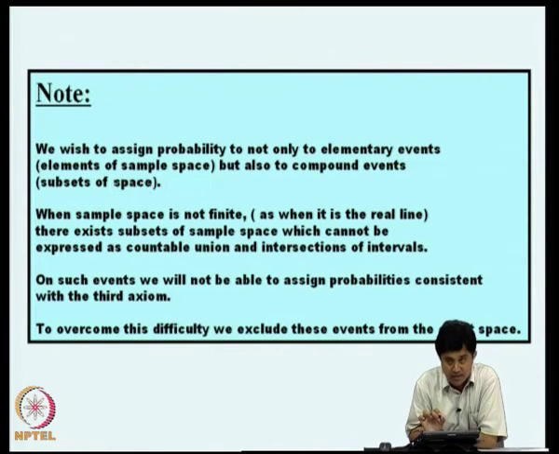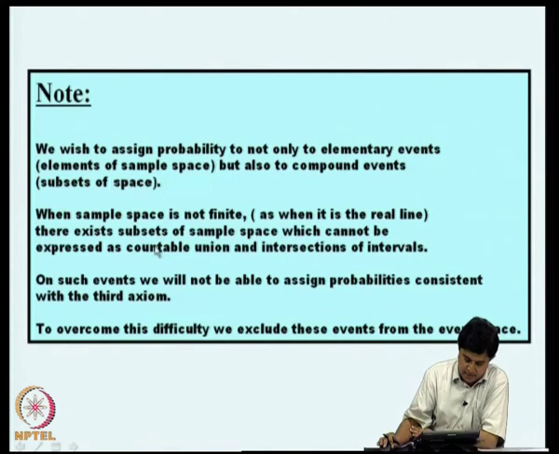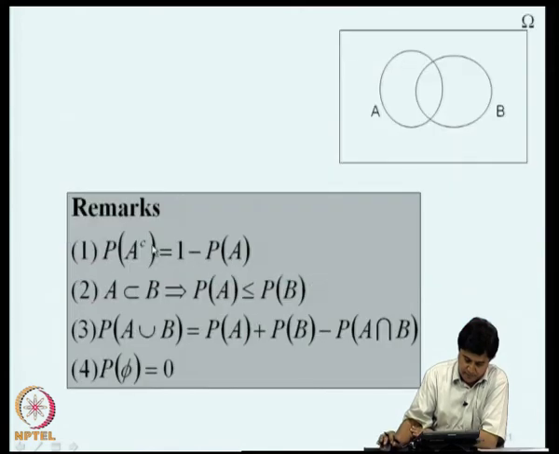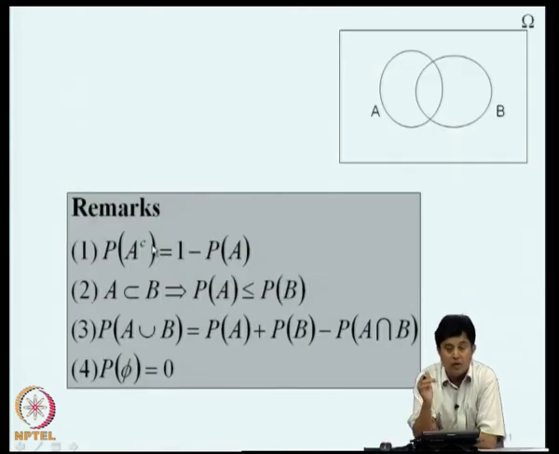If the sample space is finite, all subsets of the sample space will be in the event space, otherwise we have to exclude some sets, because that is the logic. Now, we have 3 axioms based on which the entire edifice of the theory of probability will now emerge.